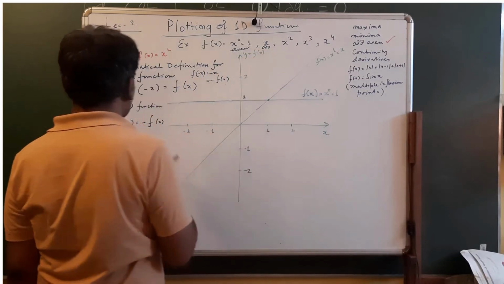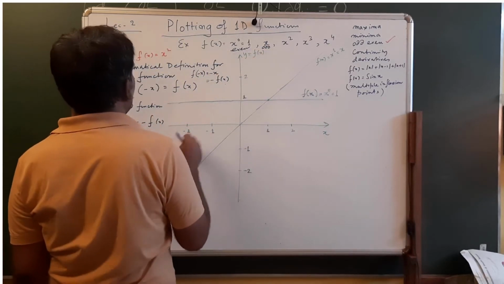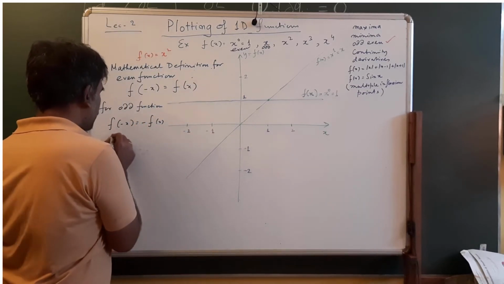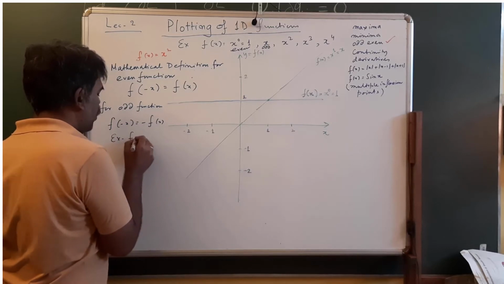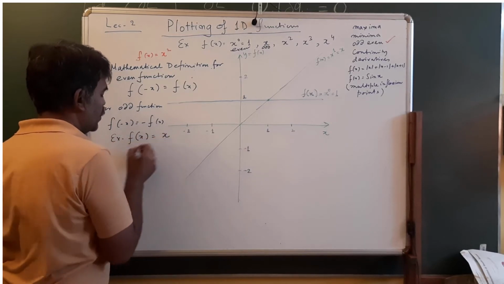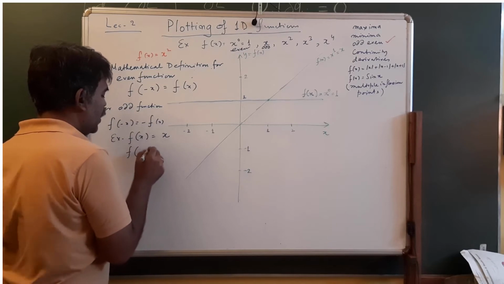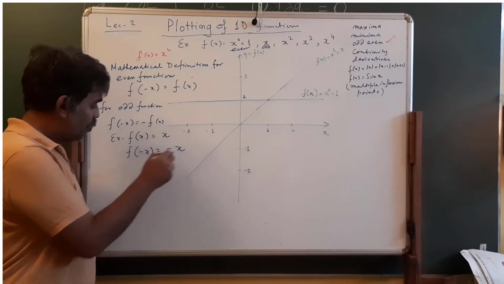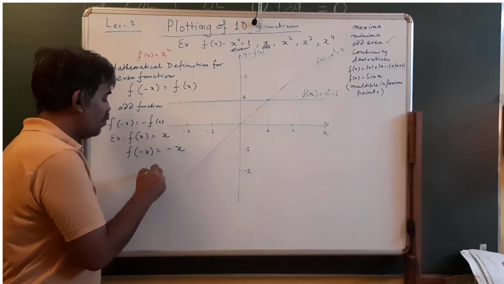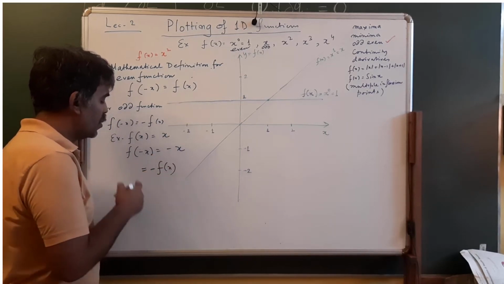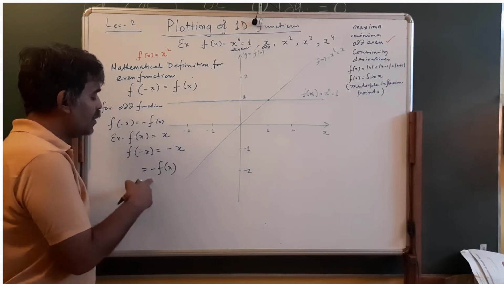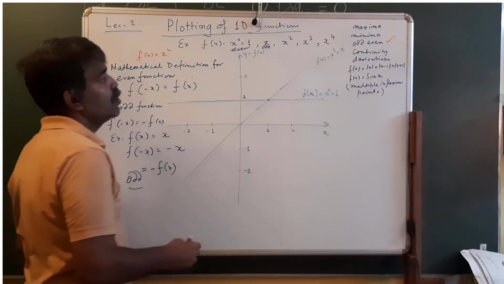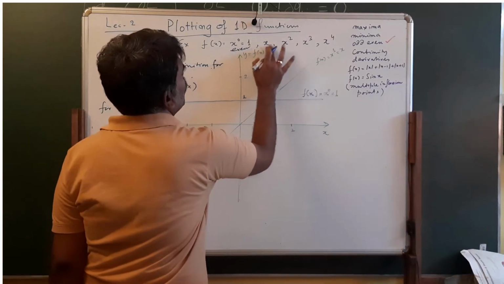Example, f(x) = x. If you replace this with minus x, you get minus x. Fine? So you can write minus of function of x. So f(-x) is minus f(x). That's all. This is an odd function.